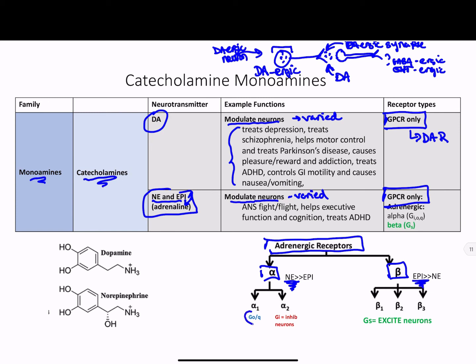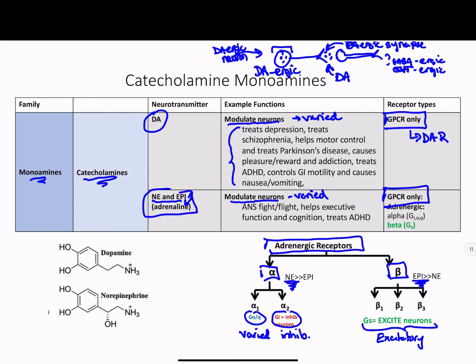Alpha 1 is Gq coupled, so it's going to have really varied effects in a neuron or in an effector tissue, whereas alpha 2 is Gi coupled, so it's going to have those inhibitory effects. For the beta receptors, all of these are Gs coupled, so they're all going to be excitatory. Yay! Something just made your life easier.